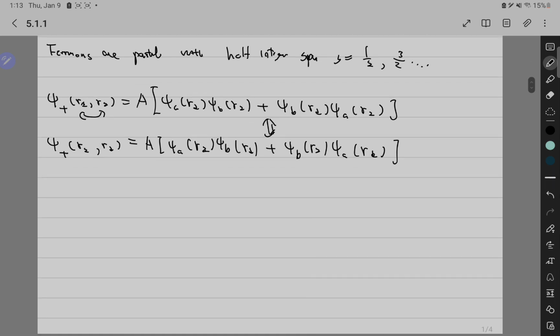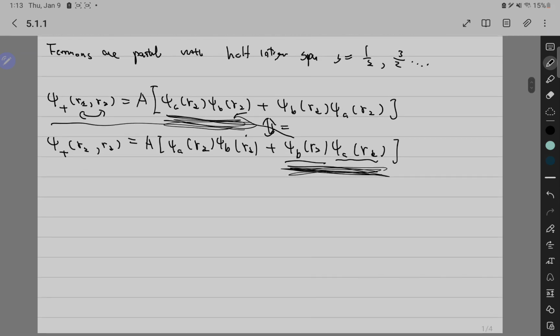Because as you can see, in the one above, we have phi a r1 phi b r2, and look at what we have here in the second equation, phi b r2 phi a r1. So these two are the same, and the same goes for these two terms.